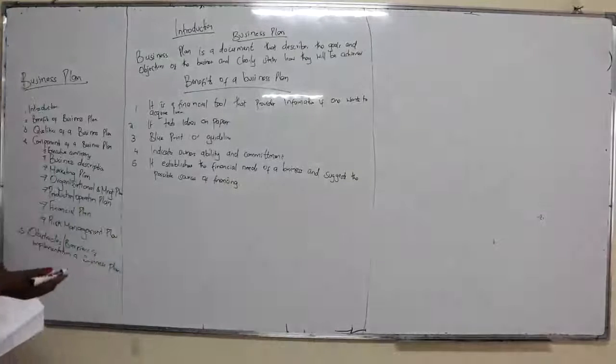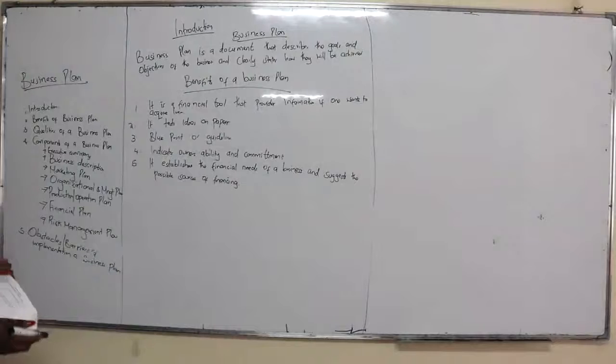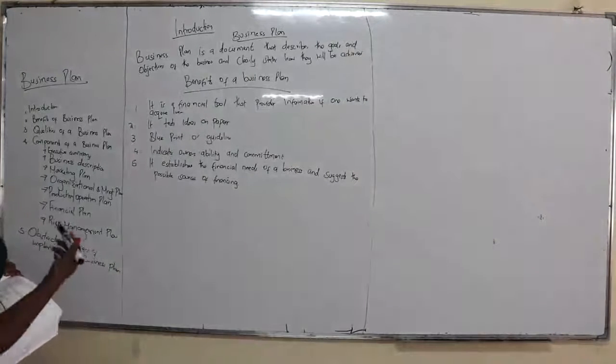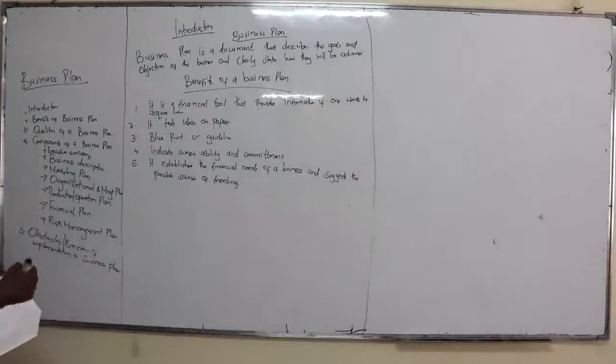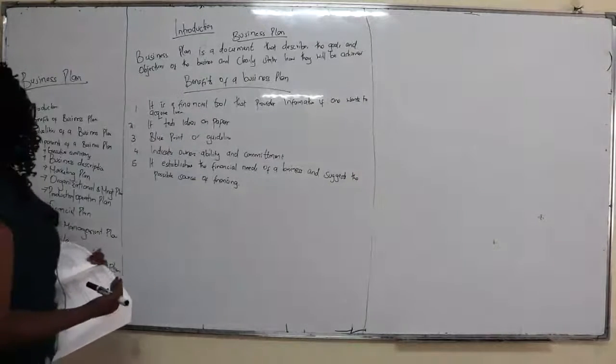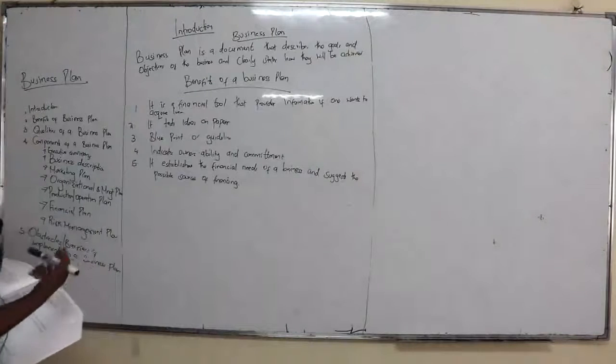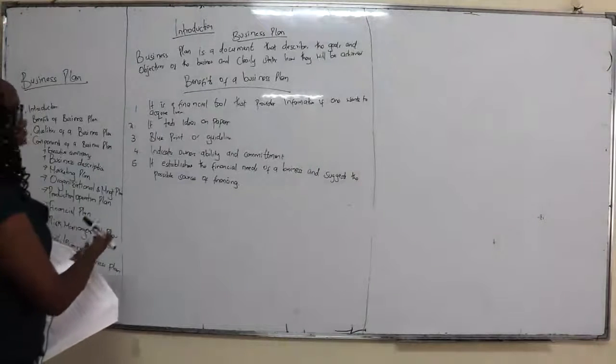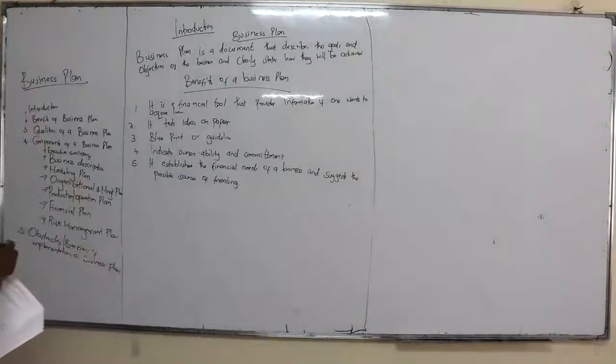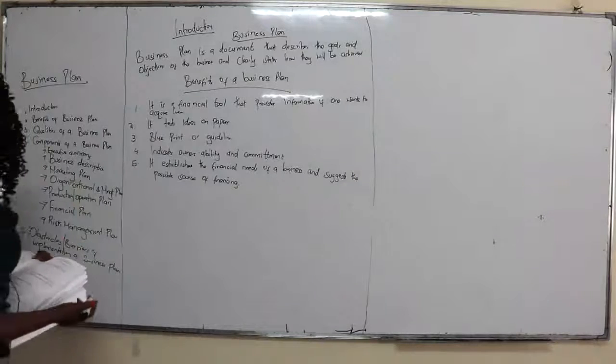When we look at the components of a business plan, one of the components is the financial plan. Here, we'll be looking at how much we need to start up the business, or how much we need to implement the strategy. So if we don't have enough finances, we can come up with other ways of financing the business.